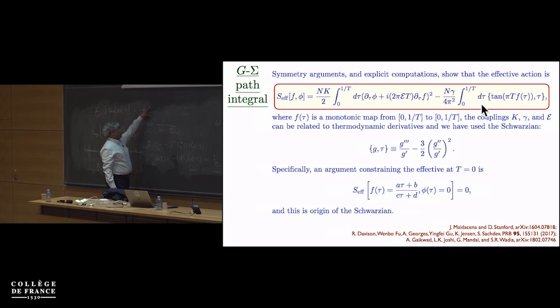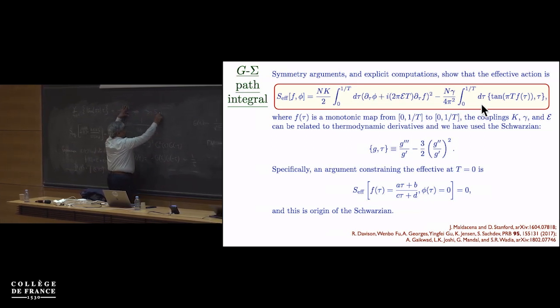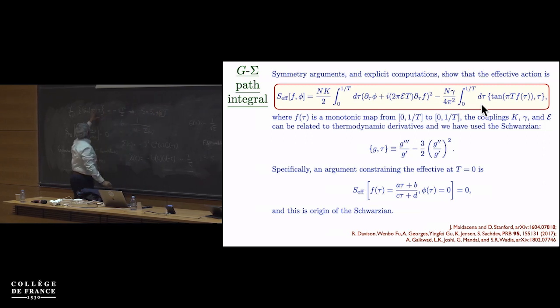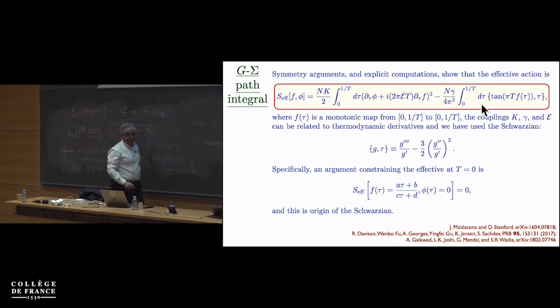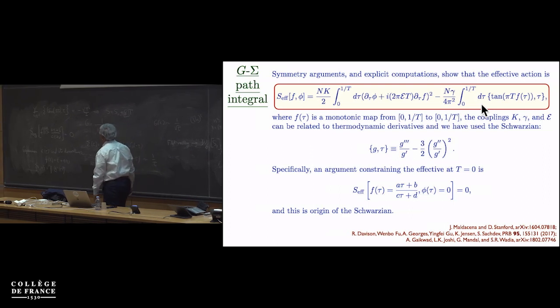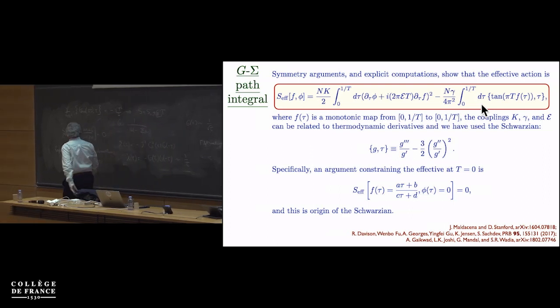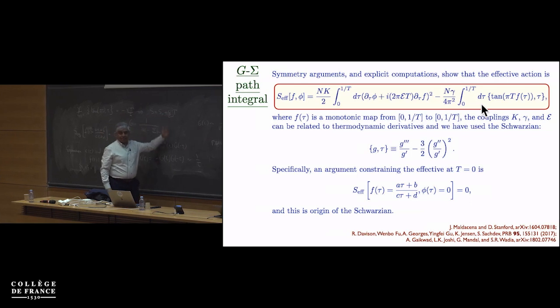And this implies that S is S naught plus gamma t. So this gamma here is exactly the gamma here, which is why I, of course, called it the same symbol. So if you want to numerically compute the coefficient of the Schwarzian, what you numerically do is actually compute the entropy, which is what people have done.